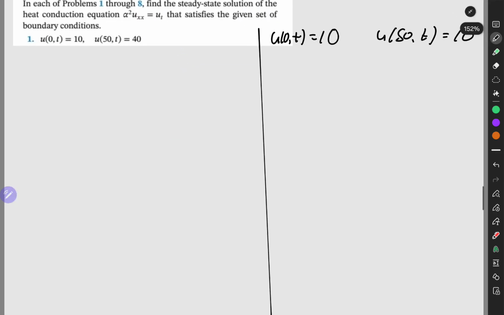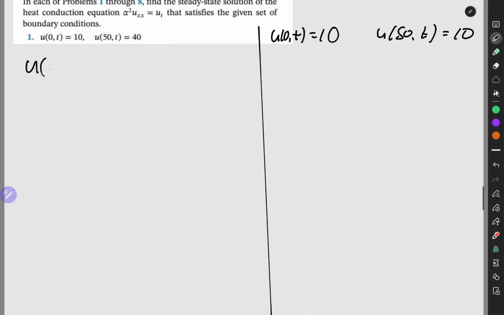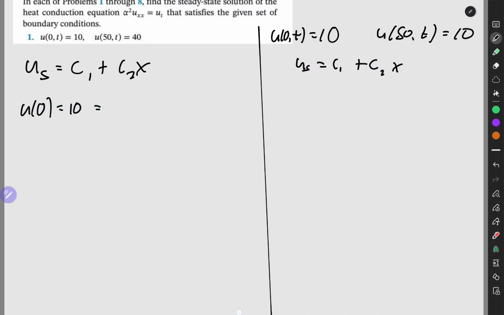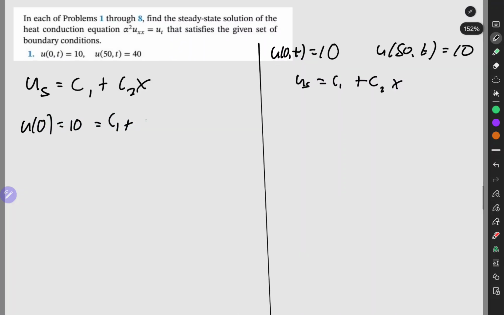So let's do this one first. This is always going to be the same. We're always going to end up with this general solution for all of them. So then we go ahead and use our conditions here. C1 equals 10.